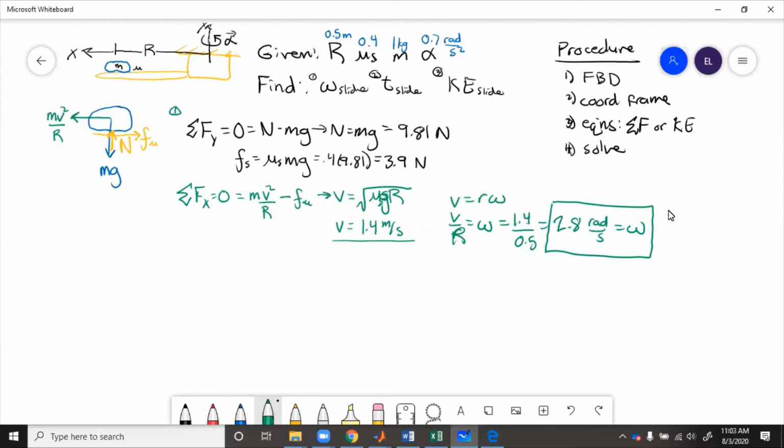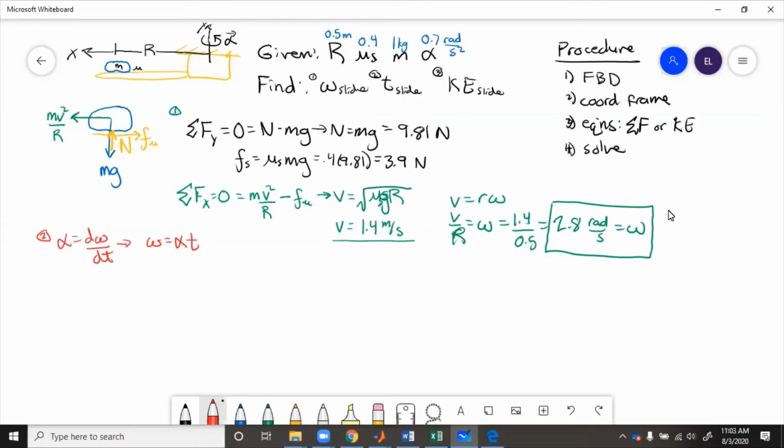Now to get 2, the time for sliding. So time to slide, we know that alpha equals d omega dt, but since alpha is constant, then we know that omega equals alpha t. This is a constant angular acceleration.